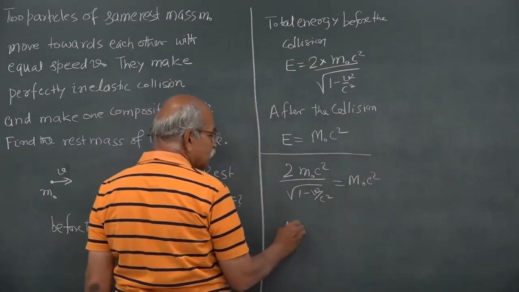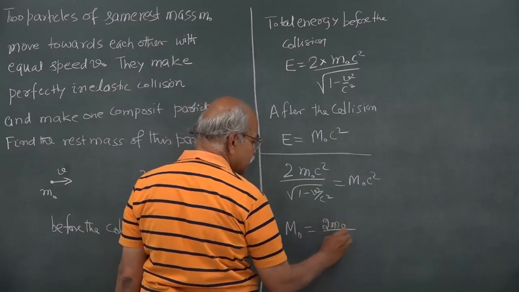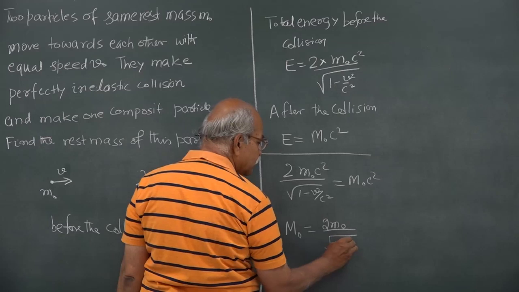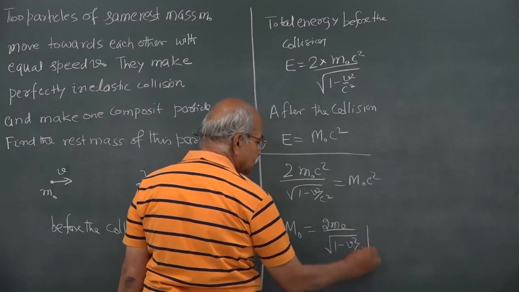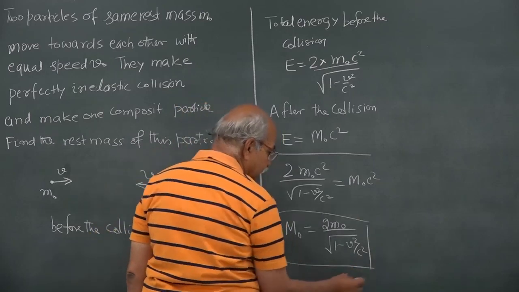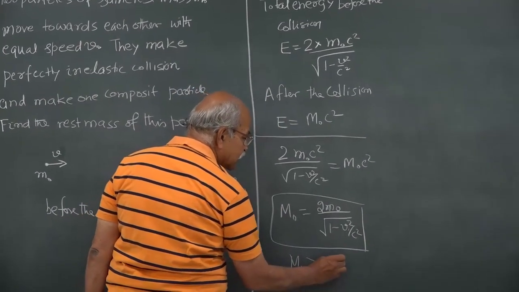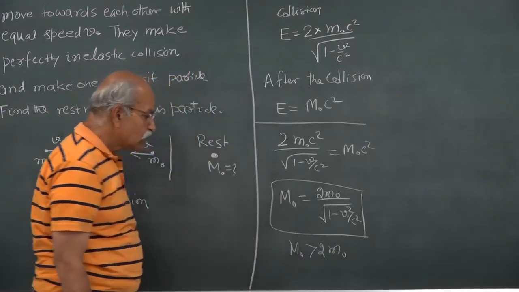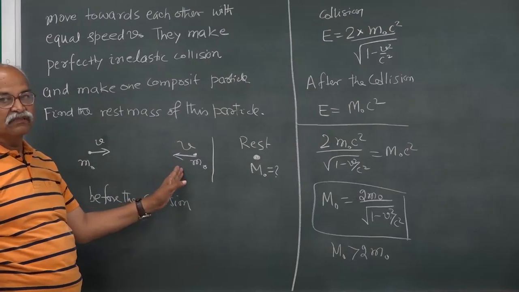So capital M naught is 2 times m naught divided by square root of 1 minus v square by c square. So that is the rest mass, and you see that this rest mass is greater than the original rest mass. Before the collision, the rest mass was 2 m naught.